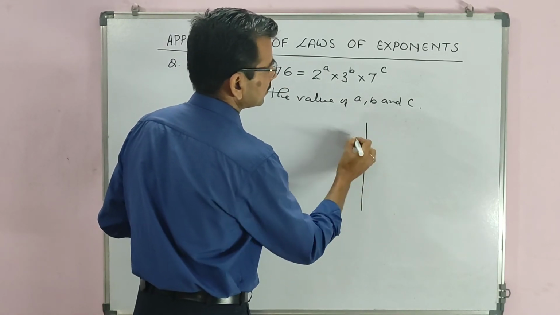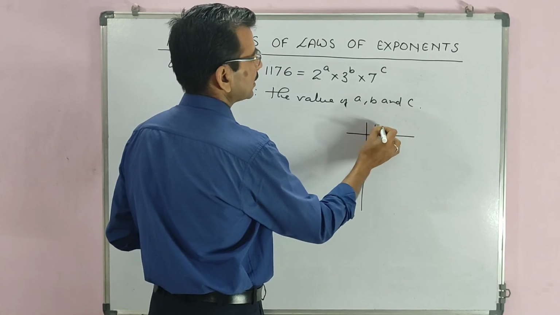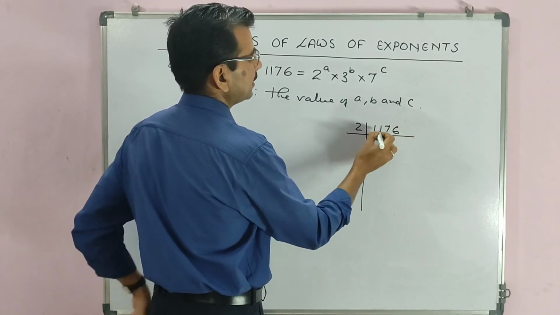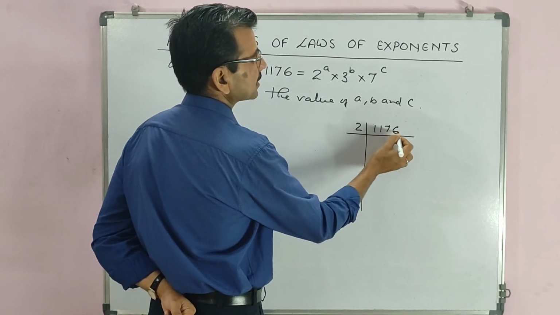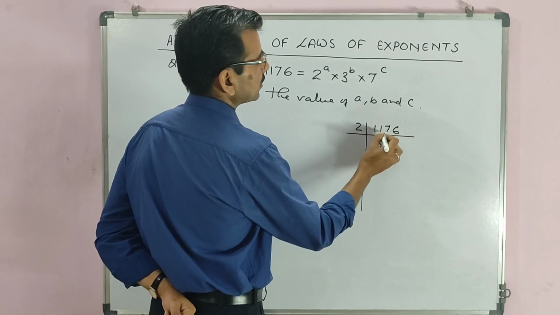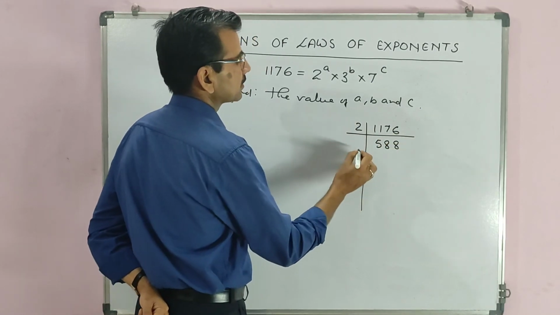Okay, so you know how to factorize that one? 1176. Let us divide here by 2 because 6 is at the unit place. So 2 5s are 10, 2 8s are 16, and 2 8s are 16.